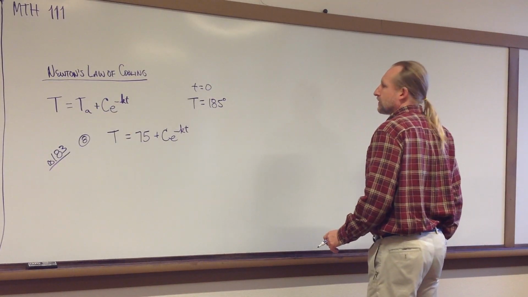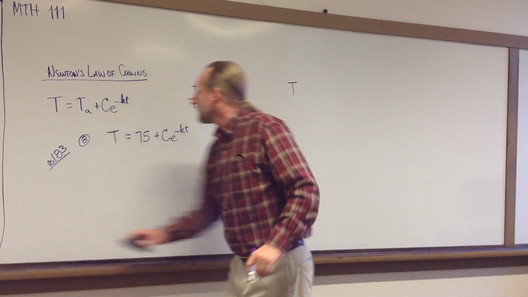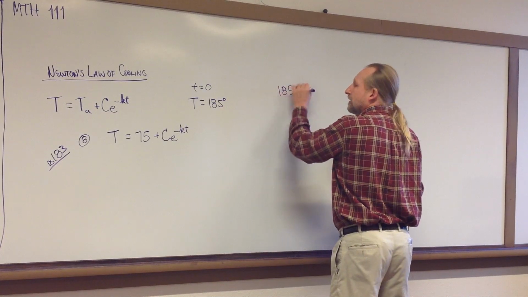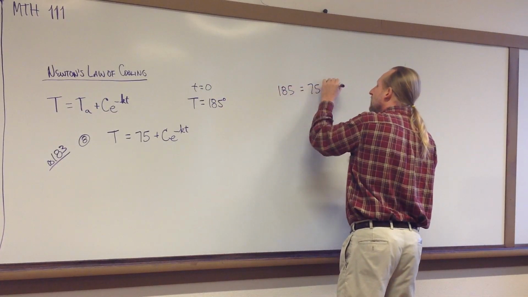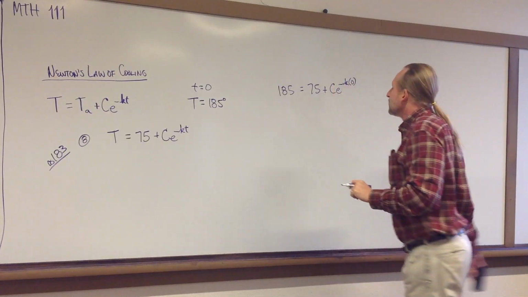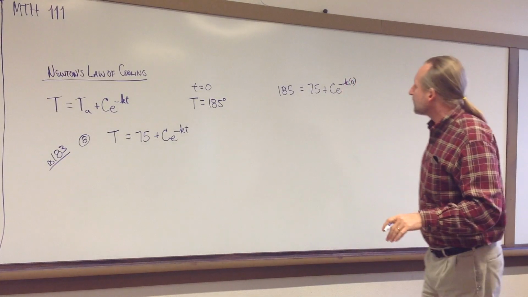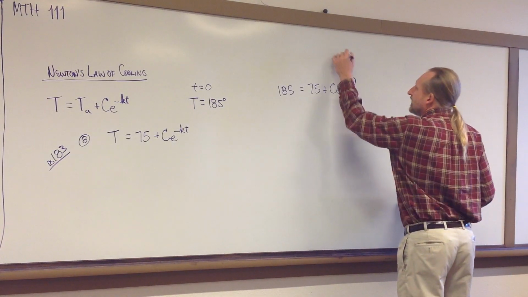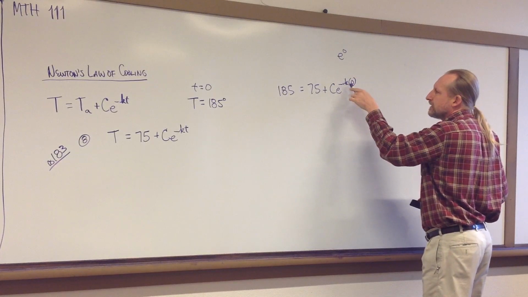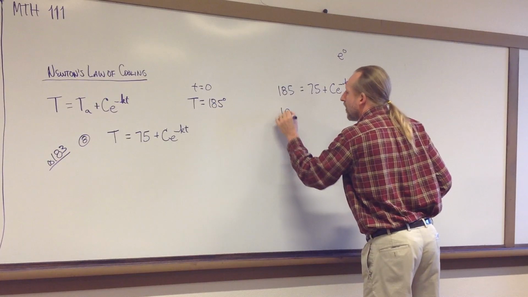So we know the temperature is 185 degrees. Let's plug that in. 185 equals 75 plus C e to the minus k times 0. What's so important about this t equals 0 situation is that here you're going to have e to the 0 power, right? Whatever k is, 0 times k will be 0. e to the 0 power is 1.